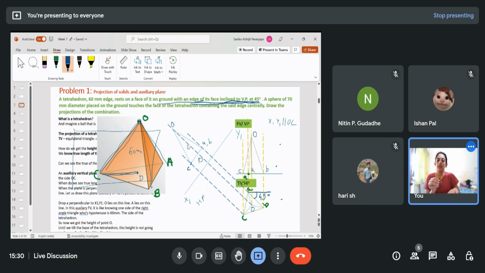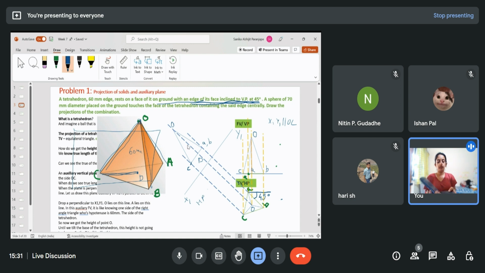Now, what do we need to think is, if this is the ball, this is like one inclined plane and this is another inclined plane. This is the horizontal plane. So assume that this is the horizontal plane and we have this inclined plane here.